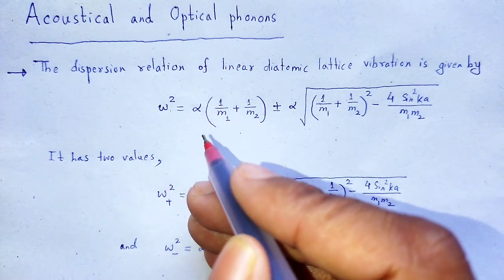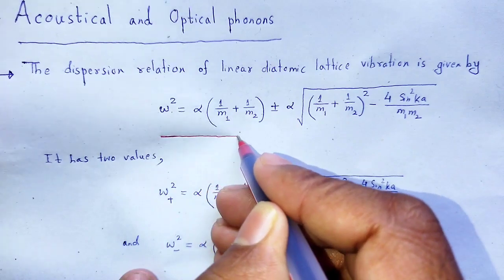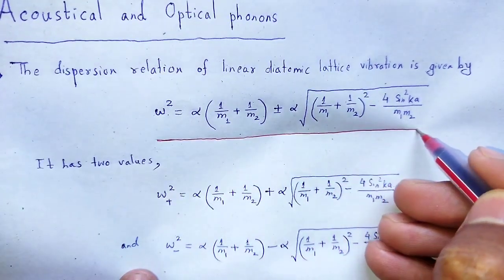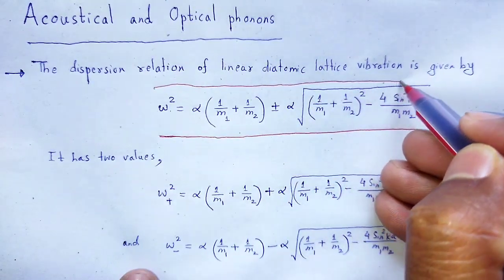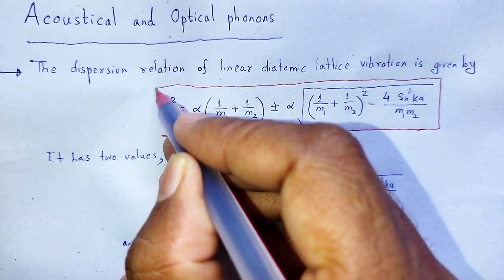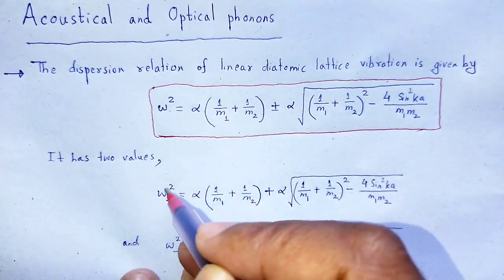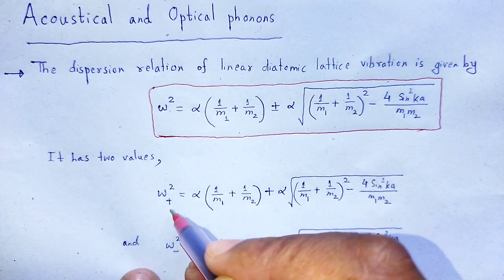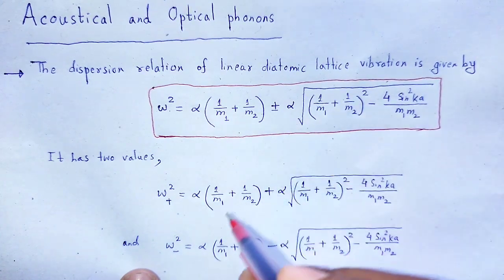That is the expression for the dispersion relation for linear diatomic lattice vibrations, and it has two values. One value is positive, another one is negative, as there will be plus and minus.